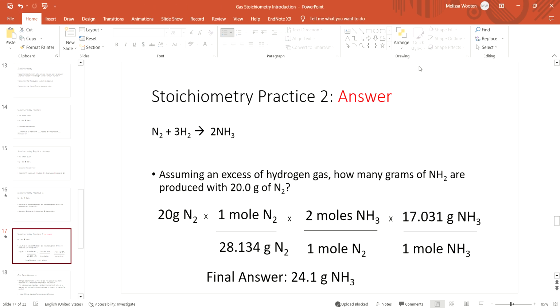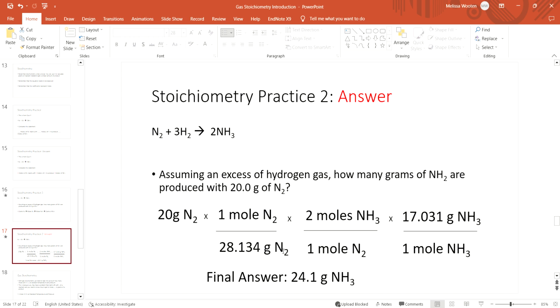Okay. And so you're given 20 grams of N2. And to find the molar mass of N2, you're going to take the mass of nitrogen from the periodic table. On my periodic table it says 14.007, and so you multiply that by 2. Remember, keep 3 decimal places. I must have done this with a different periodic table, but it's fine. That's why there's that 10% margin of error.